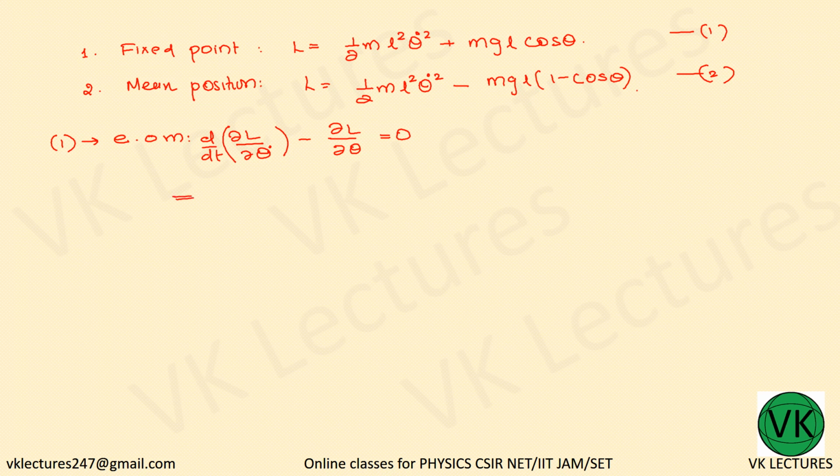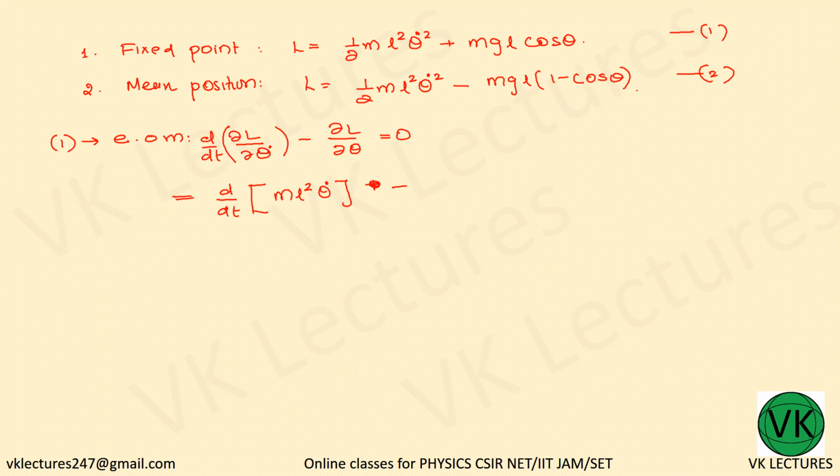Now d by dt of dou L by dou theta dot, so that's m L square theta double dot, minus dou L by dou theta.